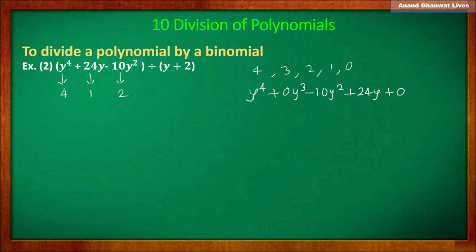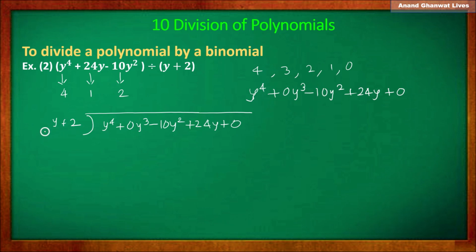So we have written the given polynomial according to the decreasing order of their indices. Now let us divide it by y plus 2. y raised to 4 plus 0y raised to 3 minus 10y square plus 24y plus 0, divided by y plus 2.